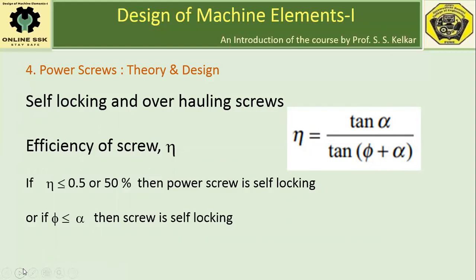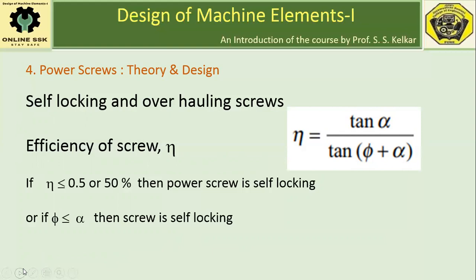Self-locking screw: suppose we are lifting the load and we stop applying the force, the effort or the torque, then the load remains sustained at its raised position. Whereas in case of an overhauling screw, suppose we are lifting the load and all of a sudden we stop applying the force or the torque, then the lifted load is not sustained at its lifted position, it gets lowered down of its own.